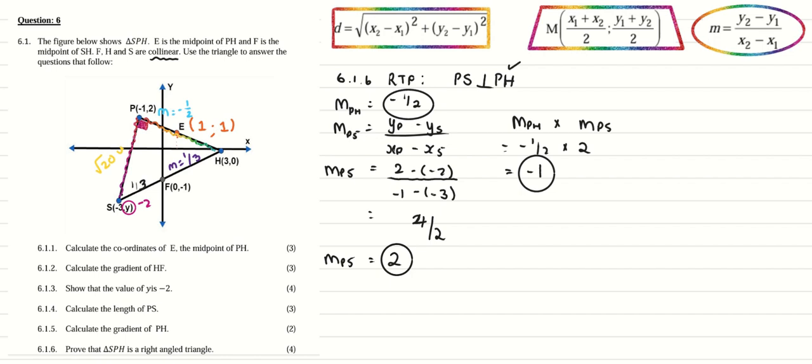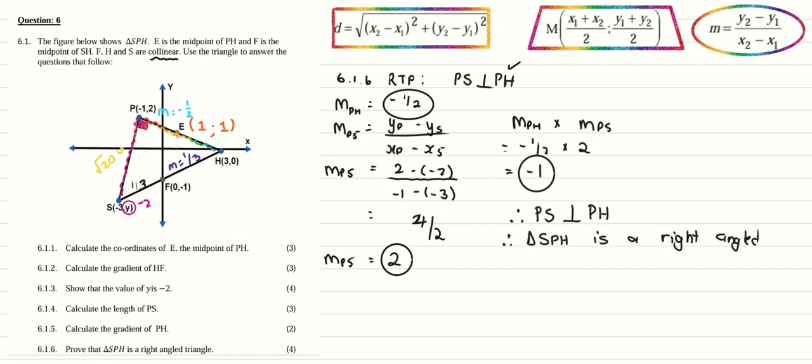And so the conclusion is that segment PS is perpendicular, making 90, with segment PH. You've just proven that. But the question is to prove that the triangle is a right-angled triangle. And so now you can say, therefore, triangle SPH is a right-angled triangle.